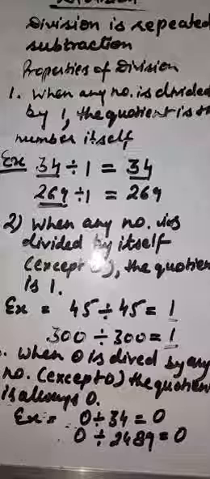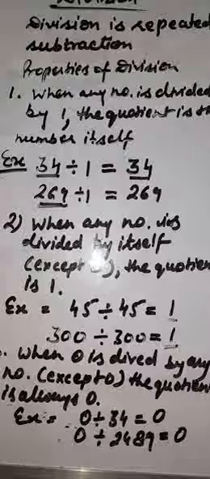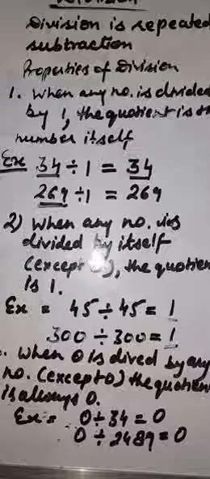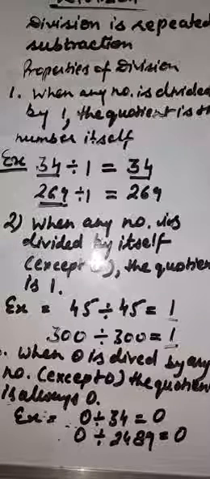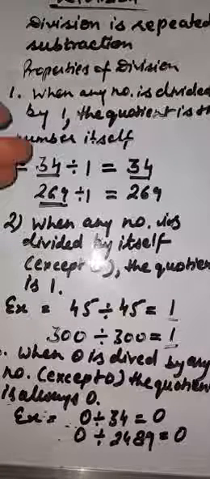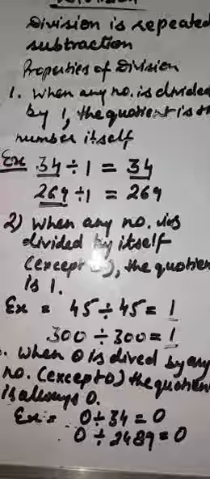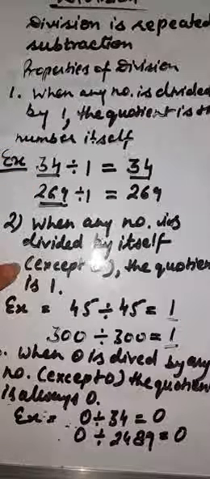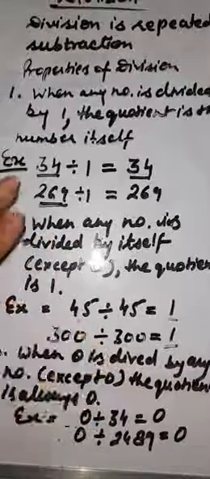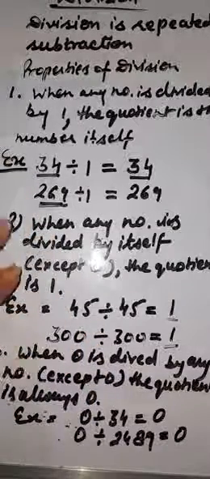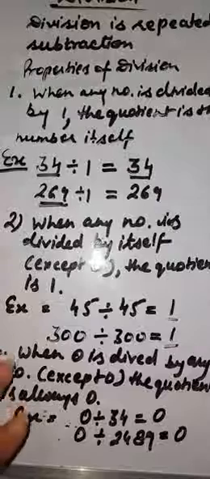Understood, children? So remember, you have already done these kinds of properties in your addition and multiplication chapters. In those chapters, for the property of 1, you got the same number itself as the answer. Here also, when any number is divided by 1, the answer is the number itself, and when a number is divided by itself, the quotient will be 1 every time.